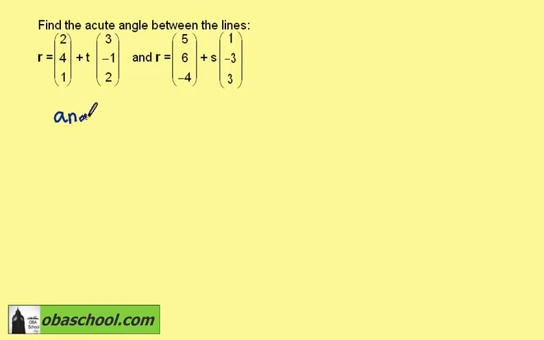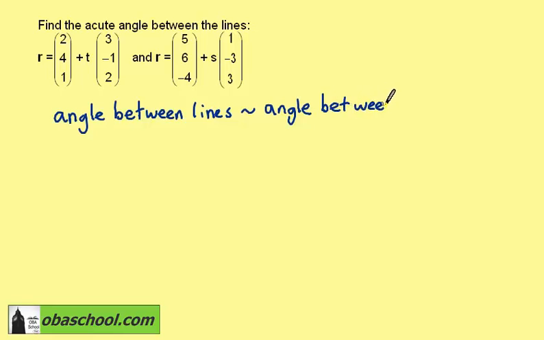When considering the angle between the lines, the only important thing is going to be the angle between the direction vectors. The direction vectors give us the direction in which the line is going.